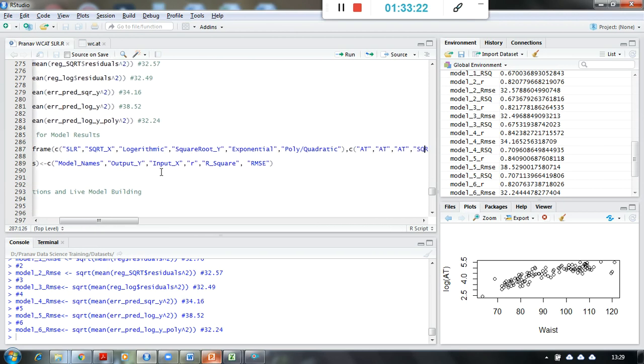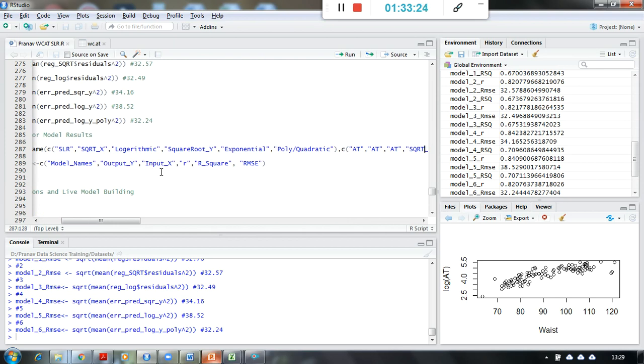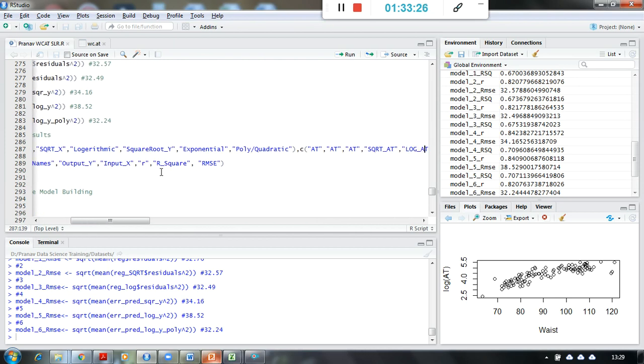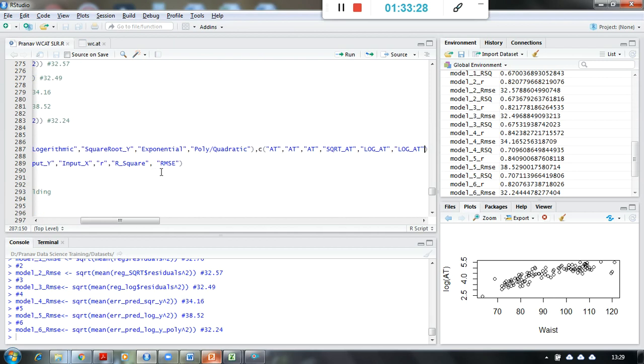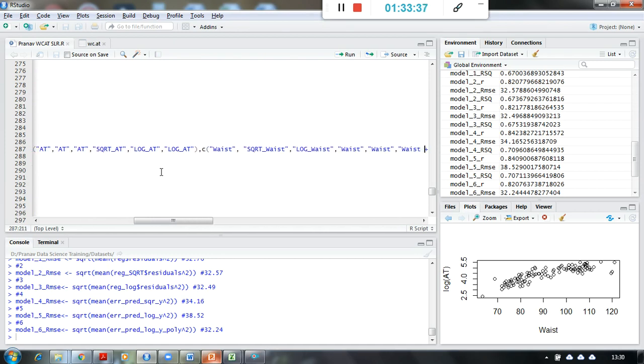These will be the respective values for the output variables, that is AT, square root AT, log AT, we have taken log AT. When I print this, you will understand what I have done. Then the third one will be the waist, these are the x values.